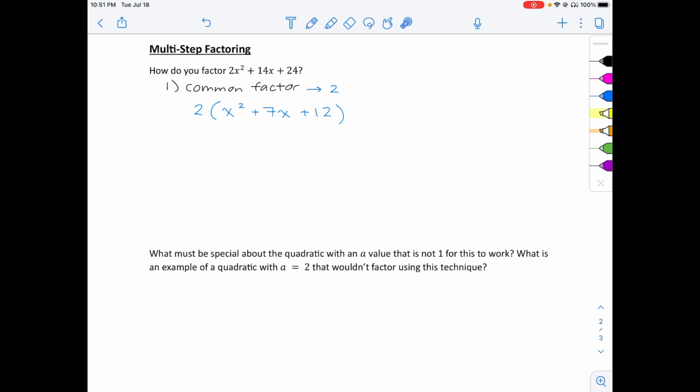Okay, and what I want to specify here as well, so we're factoring out the a value. Okay, so in this case, the a value on my equation was 2, and that's what I factored out. Now I have, inside my bracket, a simple trinomial. So then I am going to factor the trinomial in the bracket.